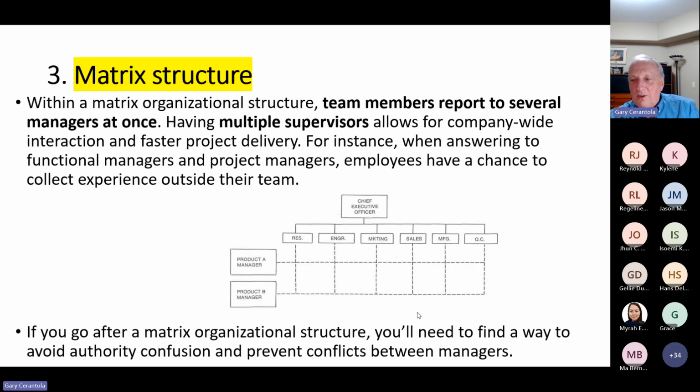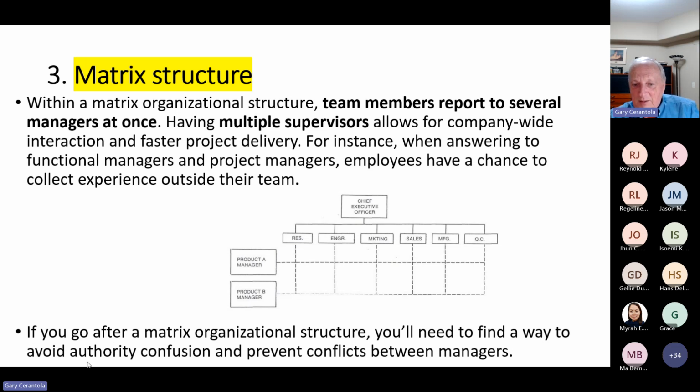Okay, there's an example of a matrix structure that I talked about, and you can see here the chief executive officer has these departments, this might be residential and engineering, research, engineering, marketing, sales, manufacturing. So you would have one or two representatives from each one of these functions that comes together under a product manager, and then they will develop a new product, right?